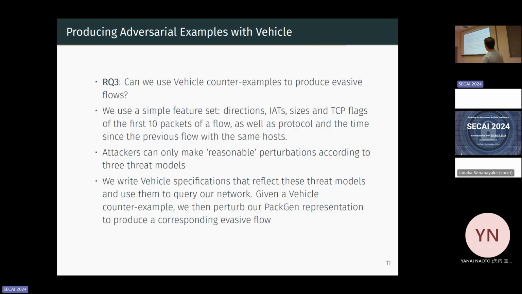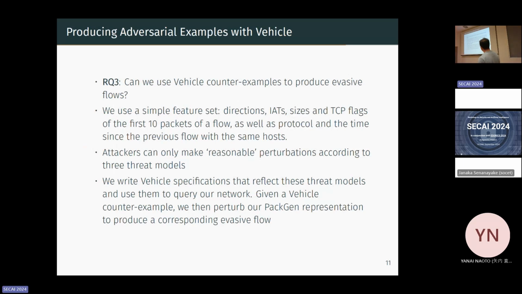Then thirdly, we use this to produce adversarial examples with Vehicle. So Vehicle produces basic counterexample flows. We write specifications according to certain threat models that we believe to be reasonable. The three threat models are only manipulating packet sizes, only manipulating packet timings, and both of these together.